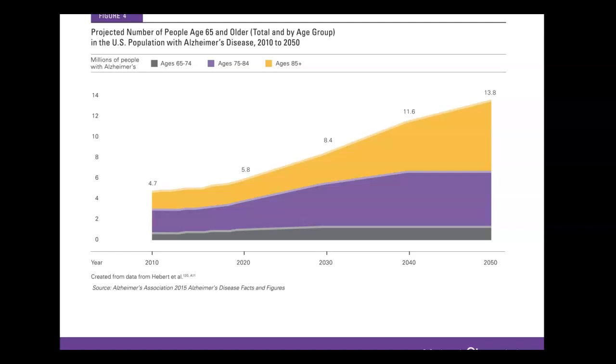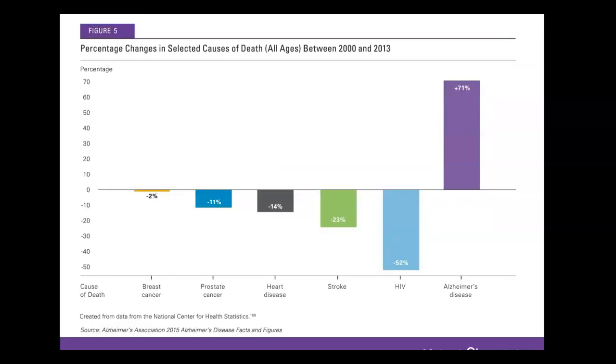The purple area shows you the people between ages 75 and 84 that suffer, and ages 85 and up in gold. Again, just to let you see how much the Alzheimer's population is expected to grow over a course of time. And hopefully this graph really does a good job at depicting that projected growth of diagnosis over time.